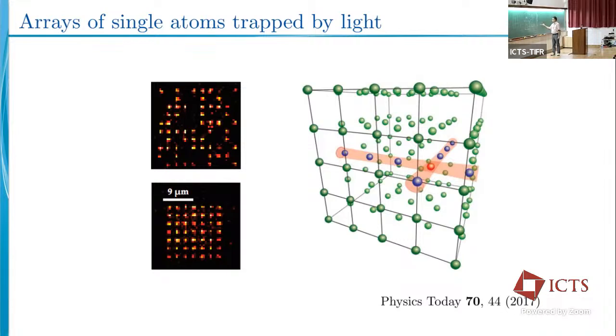Then we bring one term I showed you, the interaction term: d1 dot d2 minus 3 (d1 dot r)(d2 dot r), divided by R cubed. That is the interaction term. If you take two neutral atoms, very little interaction is there.